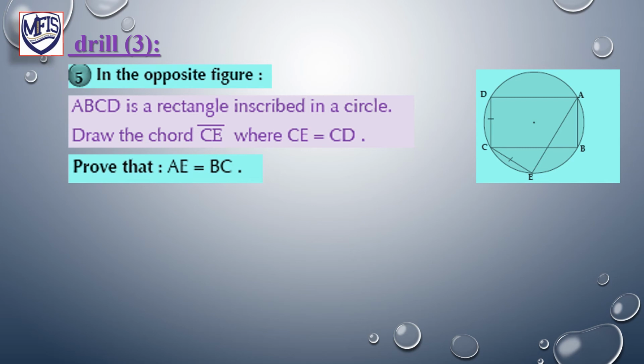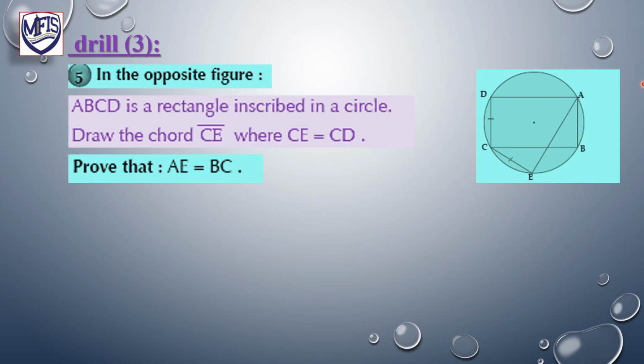Now, CE is a chord where CE equals CD. Again, CE is a chord of the circle and CE equals CD. And he asked me to prove that the length of chord AE equals the length of chord BC.